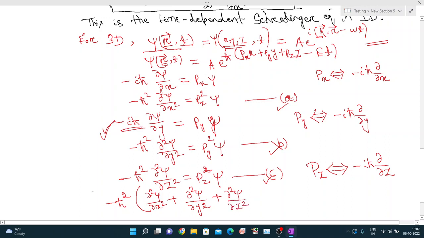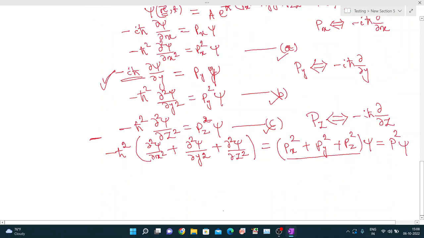You have to write here that we are adding equations A, B and C. This is equal to px square plus py square plus pz square into psi, which is p square into psi.